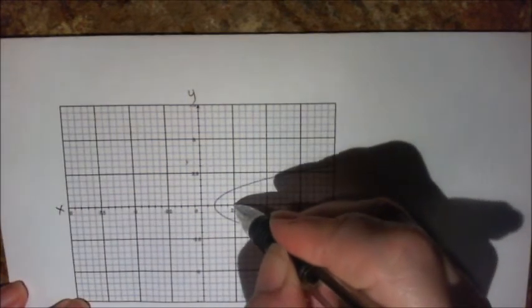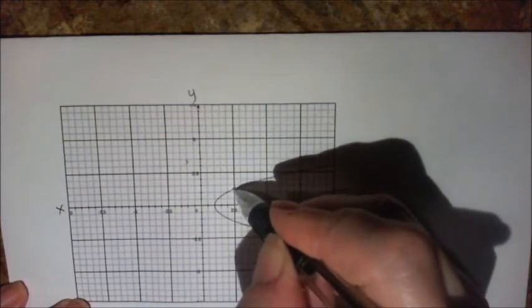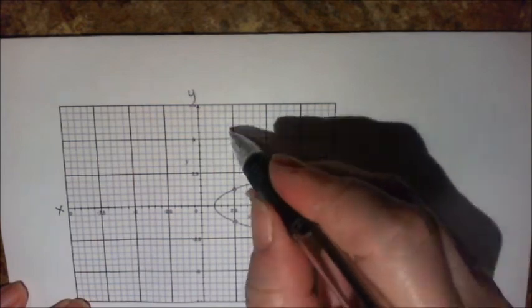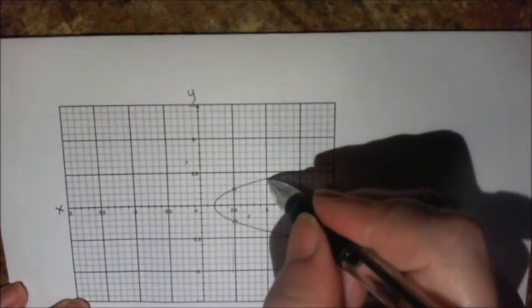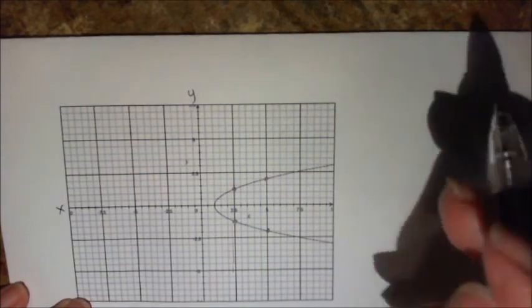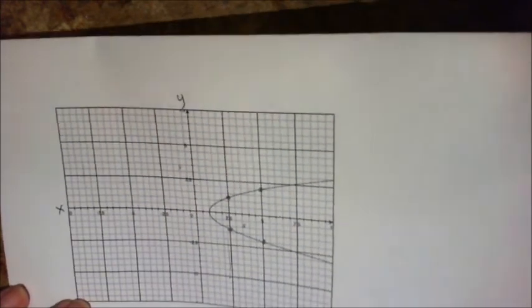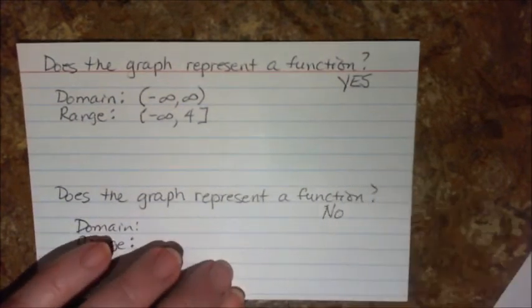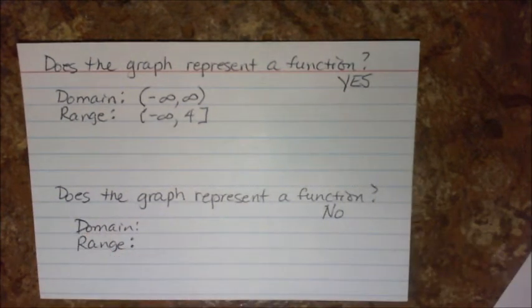No. Okay, we can see that this x value, 25, has an output here and here. And we can see lots of other places. So a vertical line touches twice here, it touches twice here. Lots of vertical lines there, so we can tell that this graph fails the vertical line test, it is not a function.